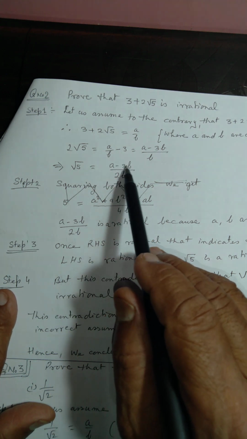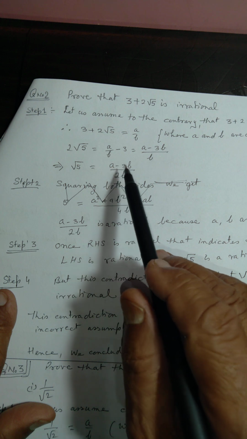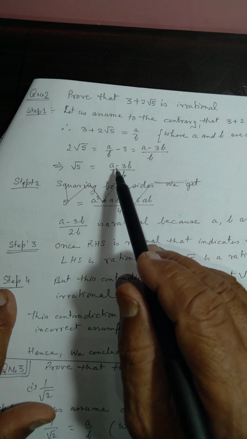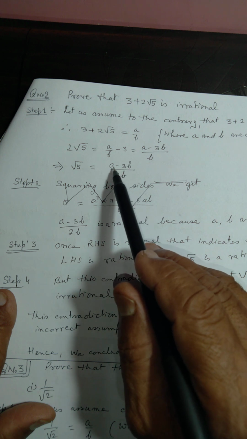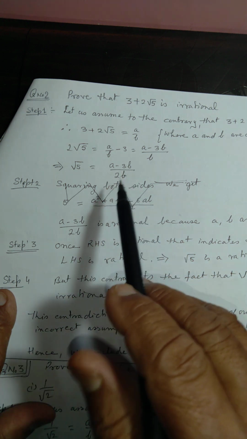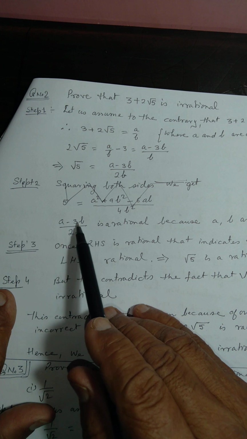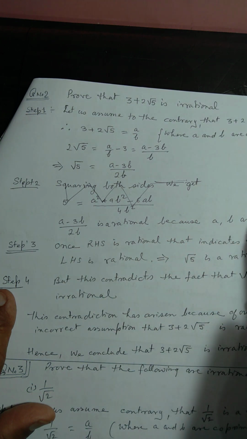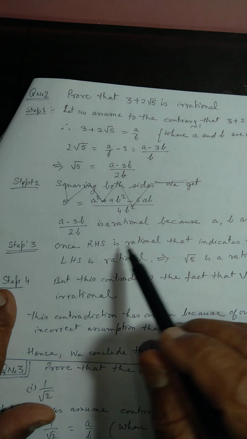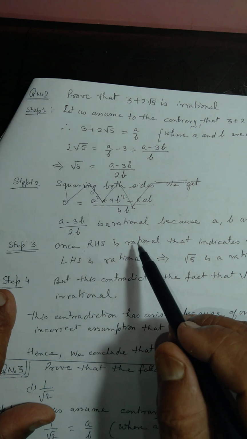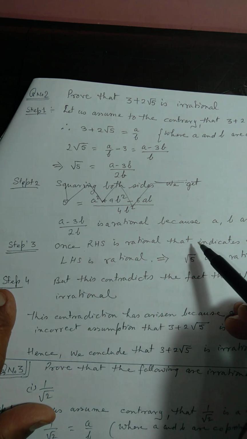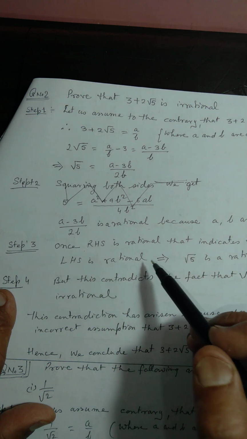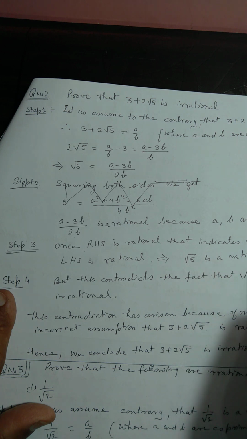Now on the right hand side we are getting a fraction, or a rational number, because these are integers. You see, a minus 3b by 2b is rational because a and b are integers. Once the right hand side is rational, that indicates that the left hand side is rational, meaning root 5 is rational.